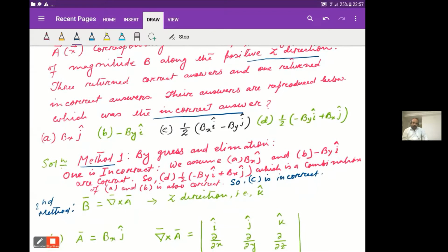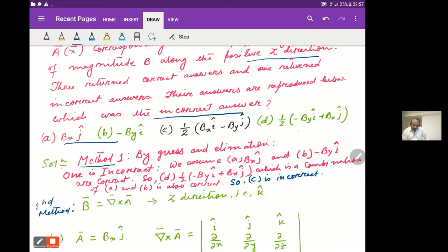Options are A: Bx j cap, B: By i cap, C: half Bx i cap minus By j cap, and option D is half of minus By i cap plus Bx j cap. See, if I combine options A and B, what do we get?